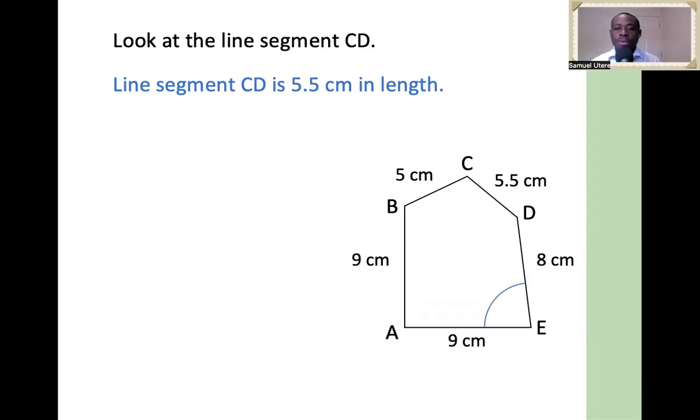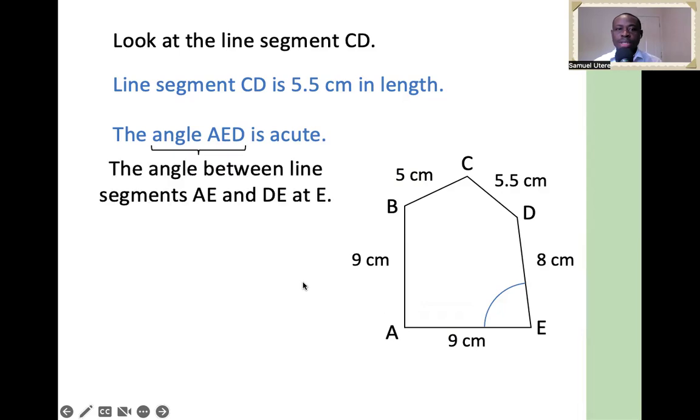What about angles? How do we discuss or refer to angles in geometry? We refer to angles by using the middle letter to identify the position of the angle. So, for example, if we say angle AED is acute, what we're doing is saying the angle is in the position of the letter E when we look at the line segments that concern the angle.